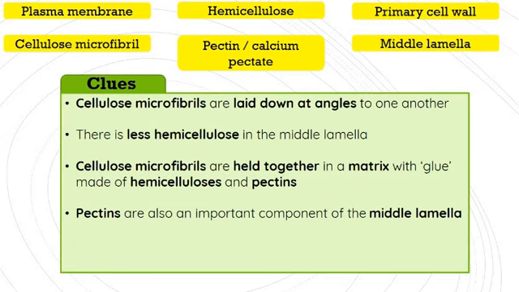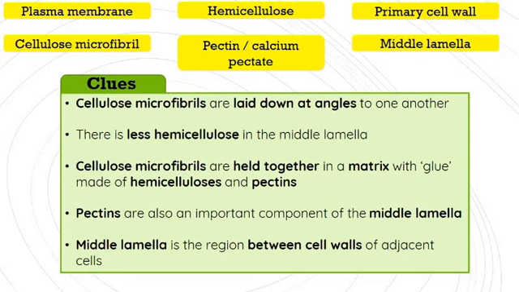The next one is pectins are also an important component of the middle lamella, and that the middle lamella is the region between cell walls of adjacent cells. So based on their position, try and find out where you can put your labels for plasma membrane, cellulose microfibril, hemicellulose, pectin or calcium pectate, primary cell wall, and the middle lamella.